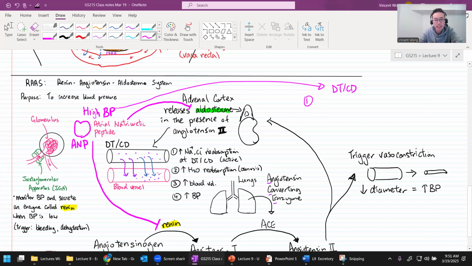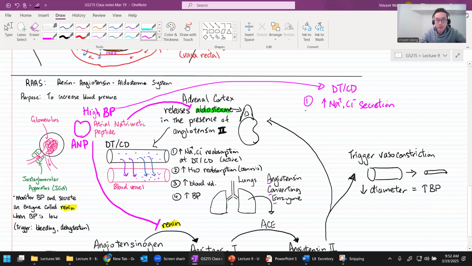Number one, instead of absorbing the NaCl, it's natriuretic. You put the sodium in the urine. So it's going to increase NaCl, not reabsorption, but what's the word I'm looking for? We don't want to absorb it. We want to get rid of it. What's the word? That's right, secretion. There you go.